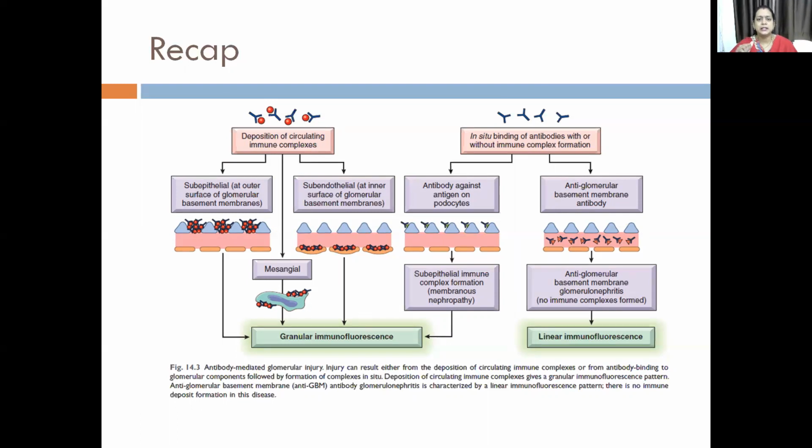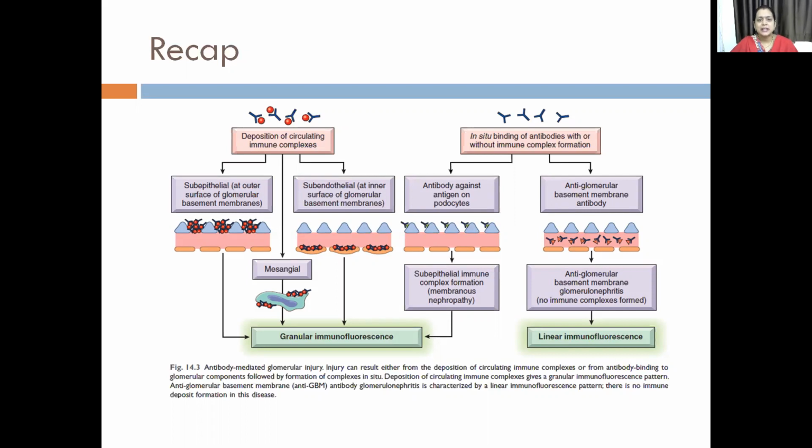So in the in situ type, we have either fixed antigens or planted antigens to which the antibody reacts. The second component is the circulating immune complex. Circulating immune complexes can be formed either as a result of an endogenous antigen or an exogenous antigen, right?